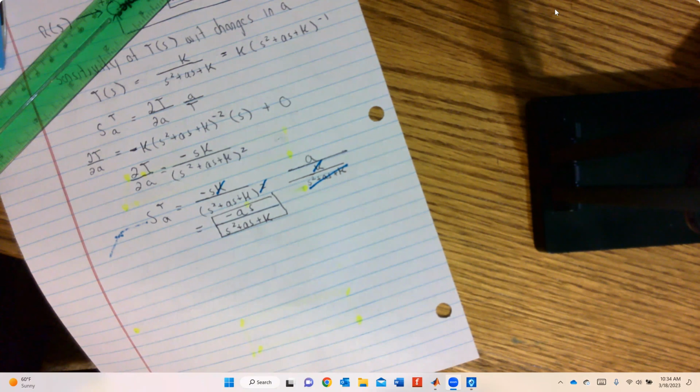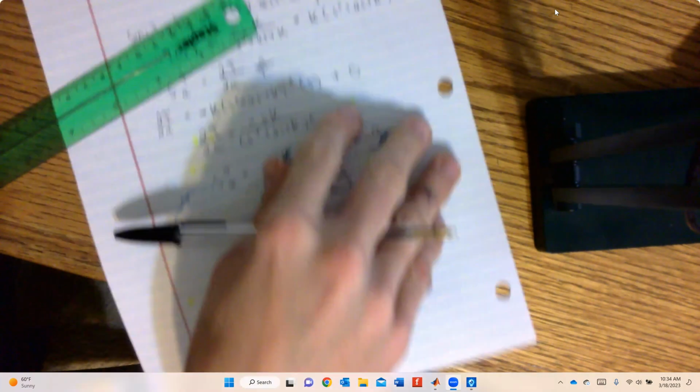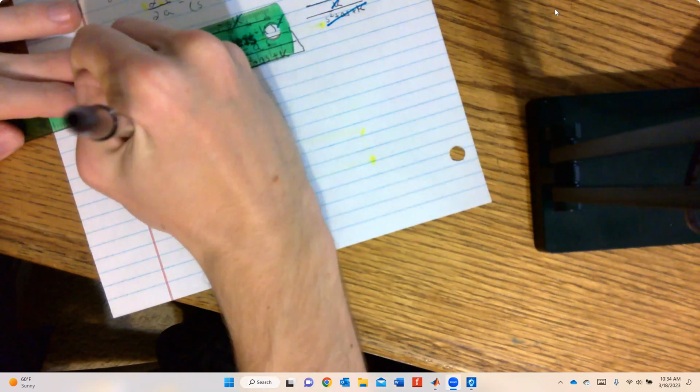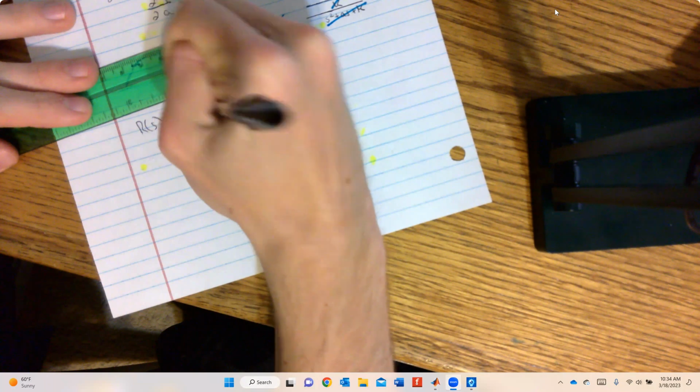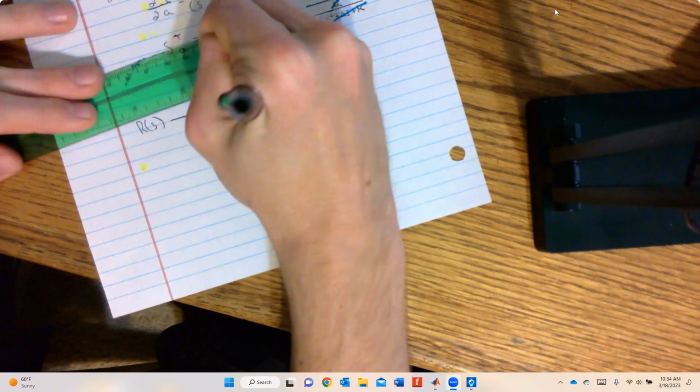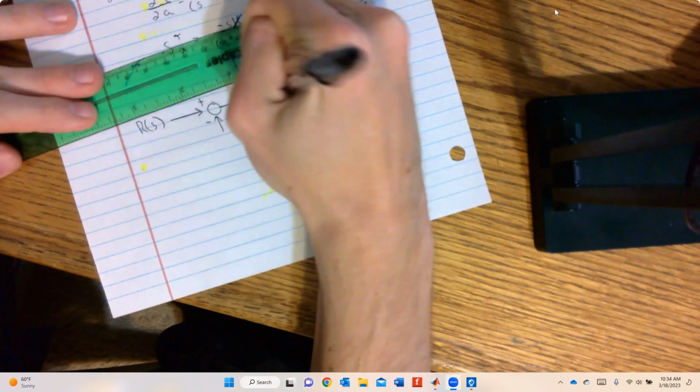Now that we have that, we're going to look at a somewhat different analysis. We're going to have the following system. Our system is given by an input signal, which goes to a summing block, and then goes to a control block.